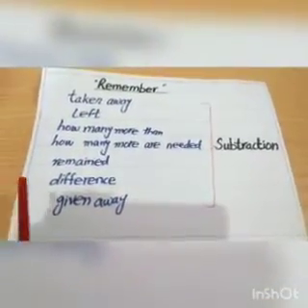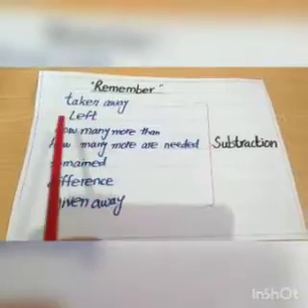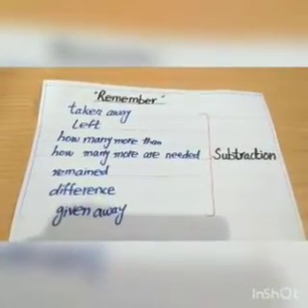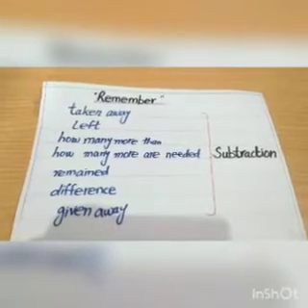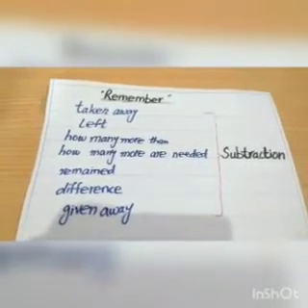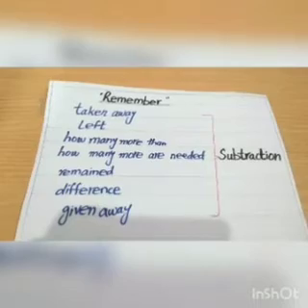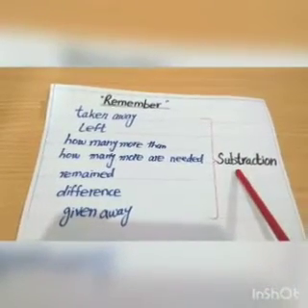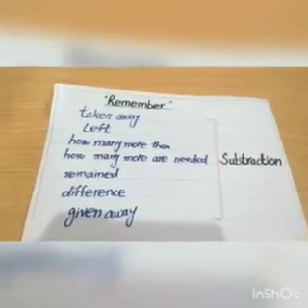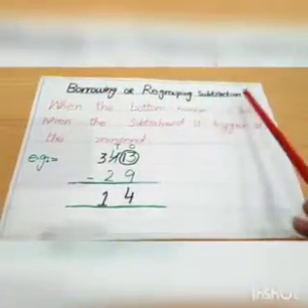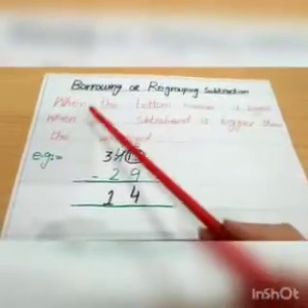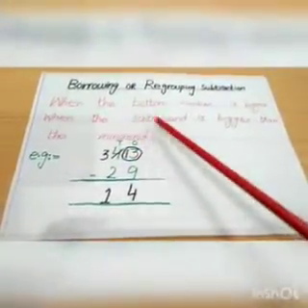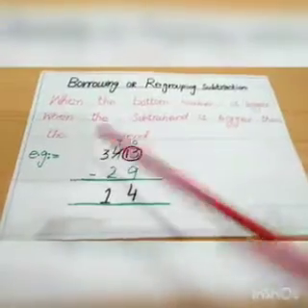Remember class, taken away, left, how many more than, how many more are needed, remaining, difference, and given away are different terminologies that imply subtraction. Now, borrowing or regrouping subtraction is used when the bottom number is bigger, or when the subtrahend is bigger than the minuend.